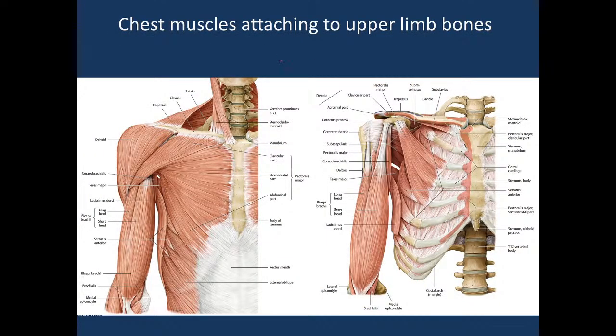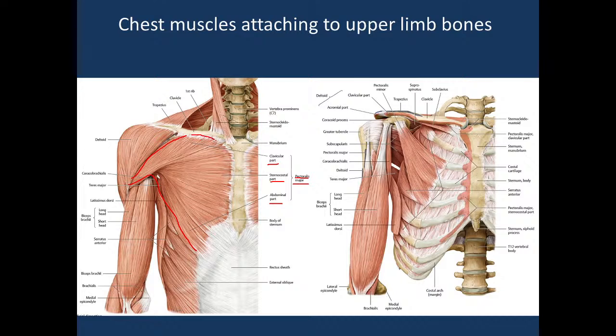First group, this is the muscles attaching to upper limb bones. The biggest one is the muscle we call pectoral major muscle. It has three parts: clavicular, sternocostal, and abdominal part.